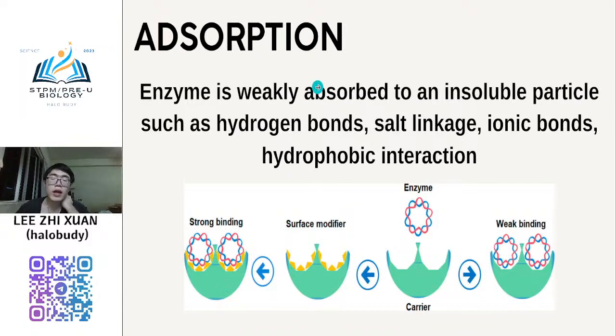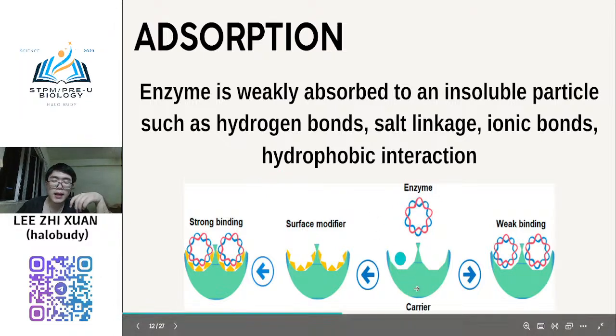Okay, so adsorption. Normally in this one the enzyme will be weakly adsorbed to an insoluble particle, such as by hydrogen bond. So these are the linkages. Maksudnya your enzyme, you see here, this is your enzyme and this is your carrier. Normally it is a solid particle lah.